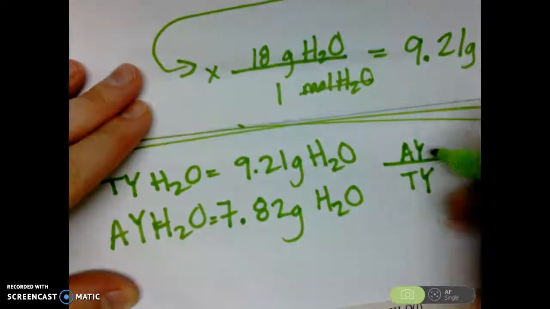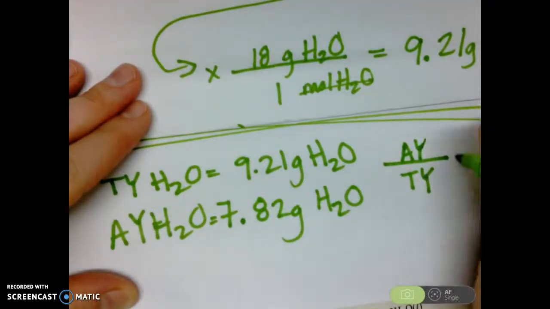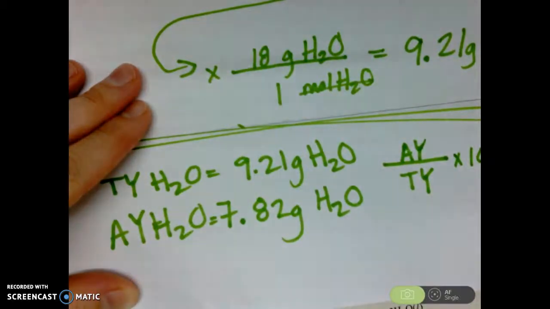And then here you have actual yield over theoretical yield, multiply it by 100%, okay? And that should give us our answer. So let's plug that into the calculator and see what we get.